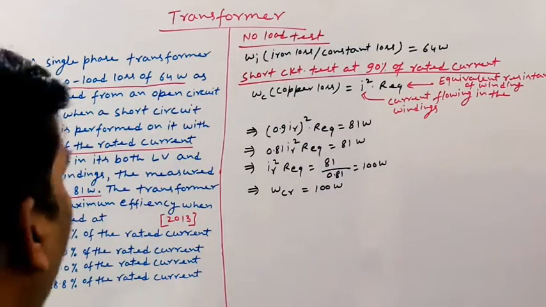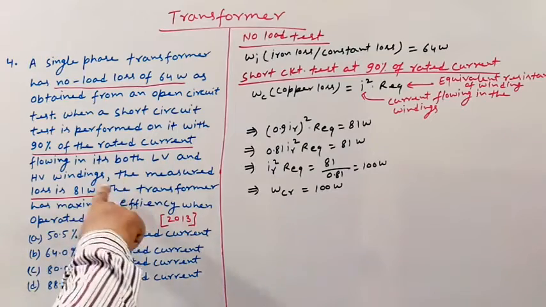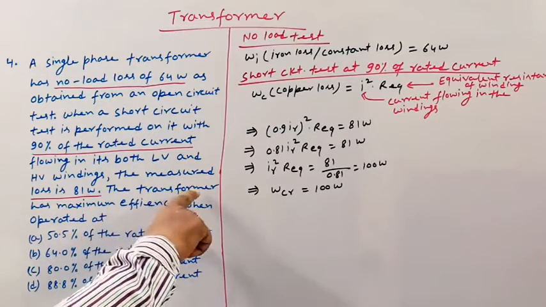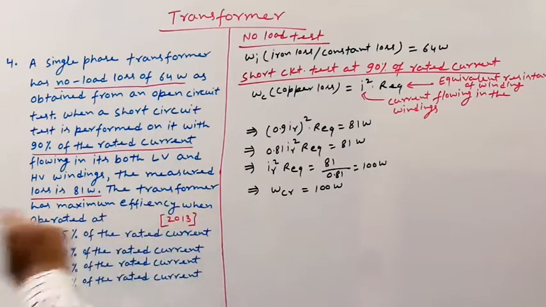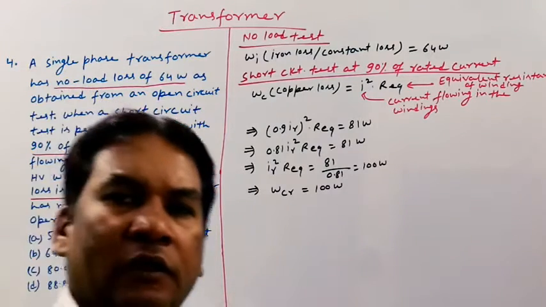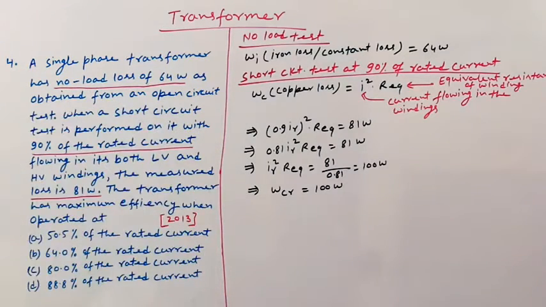Now the question is asking about the condition in which the transformer has maximum efficiency. So the question is asking about the current when the transformer has maximum efficiency.